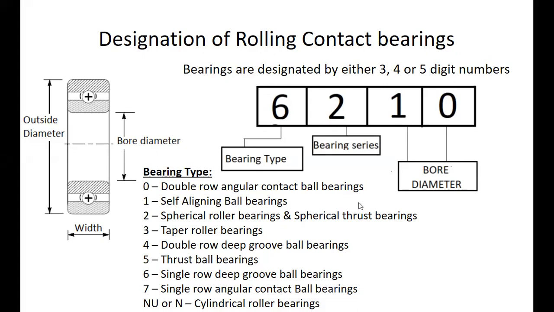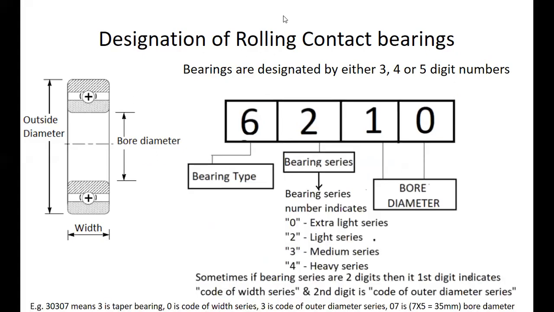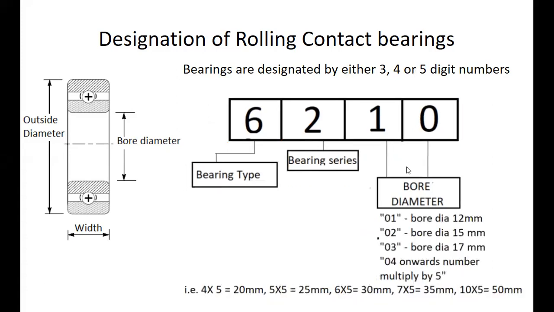We will do some 3 to 4 examples so that it will be clear how rolling contact bearings are designated. So guys, see, whichever number is there, it's properly written here. 6 indicates single row deep groove ball bearing. 2 over here indicates the light series, right? So 2 means your light series, and the last 2 digits are your bore diameter.